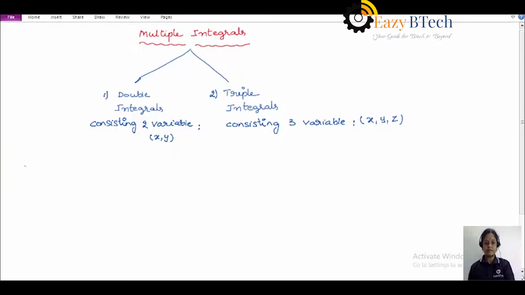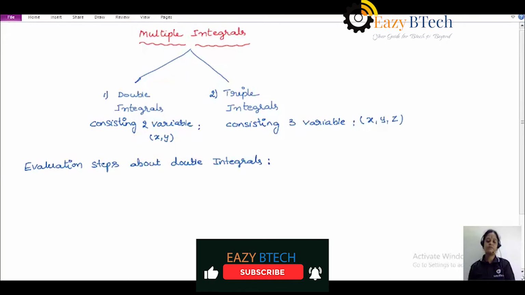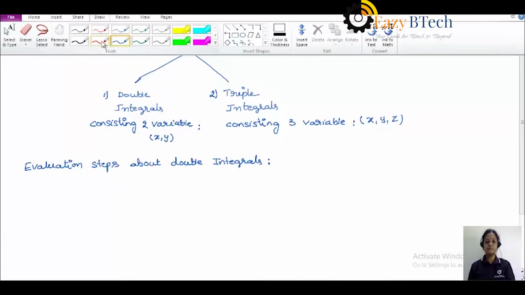Evaluation steps about double integrals. So what are the evaluation steps we are going to discuss here?